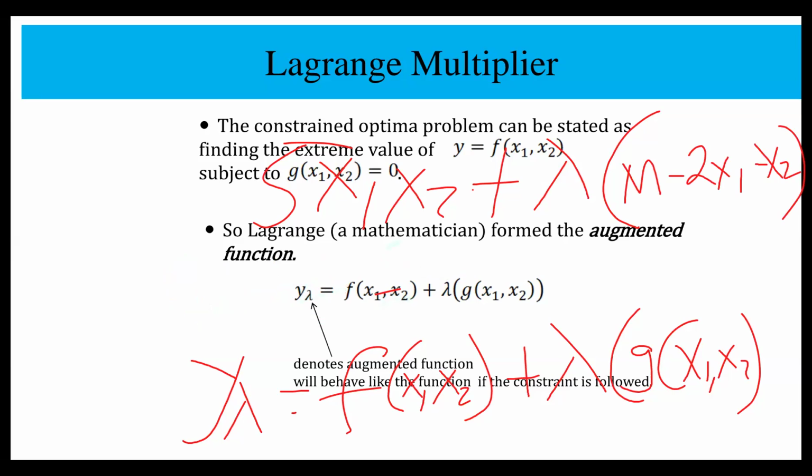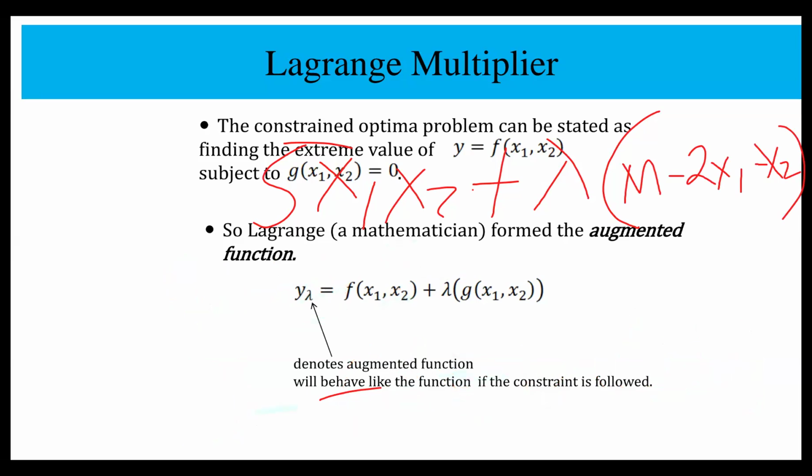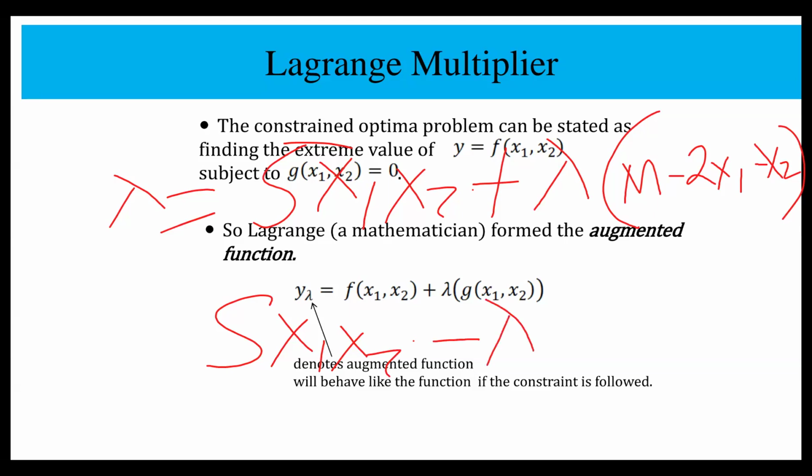This is how you're setting it up, right? It's one way of setting up this augmented function. Or the other way, you could set it up like this: 5x1 x2, then negative lambda, and this time you will not invert the function.